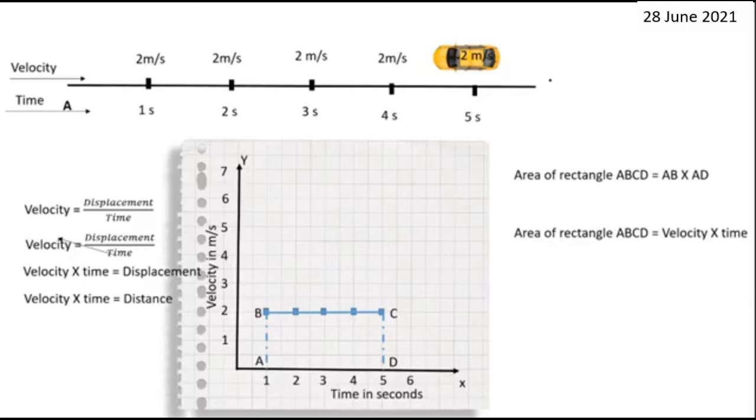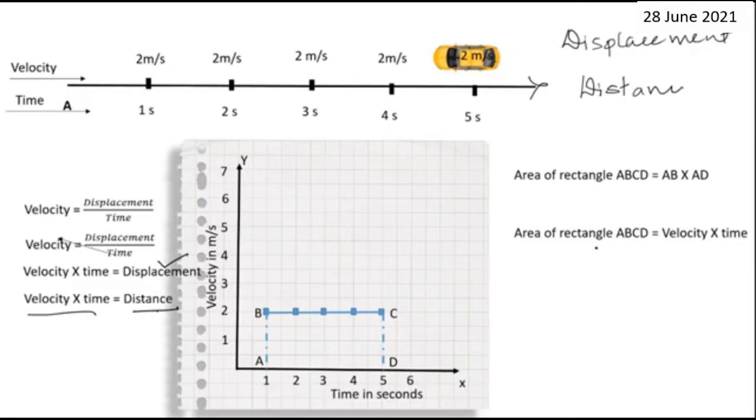Since we have a situation where displacement is equal to distance, because we are moving in a straight line, I am going to write a distance in place of displacement. So velocity into time is nothing but a distance.